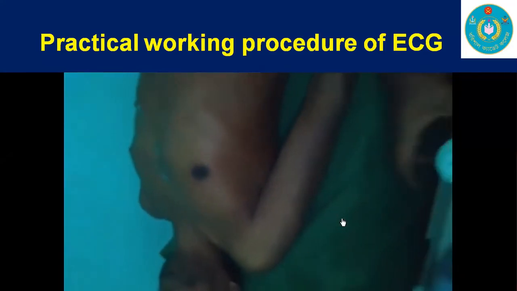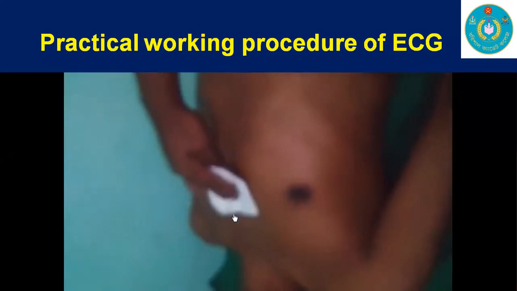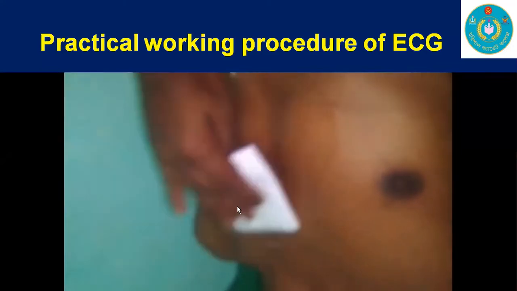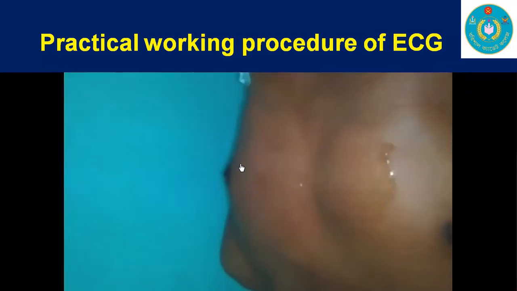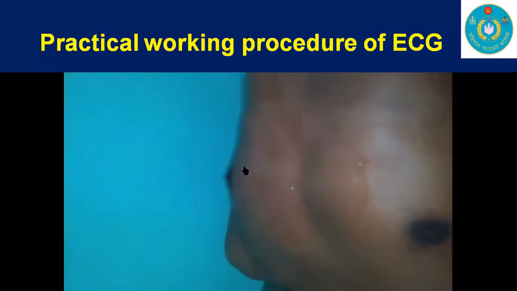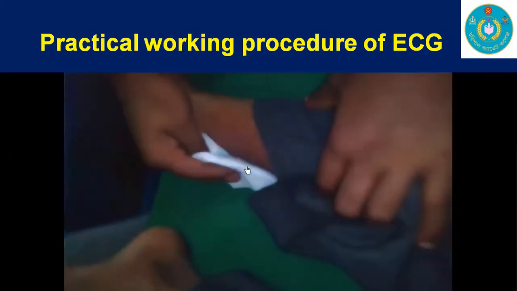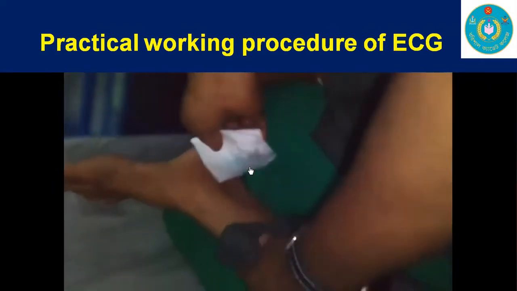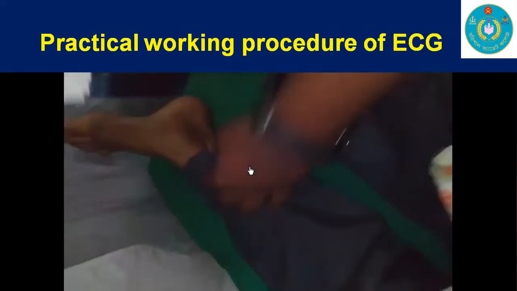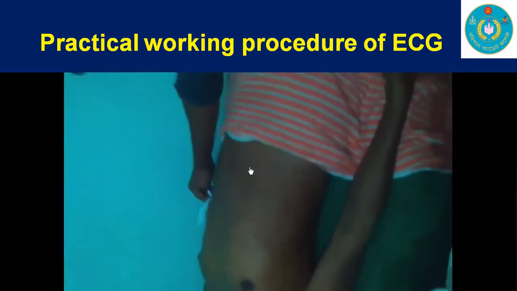At first, to do an electrocardiogram, we have to use some gel on the chest, and on our right hand, then our left hand, our right leg, and our left leg.